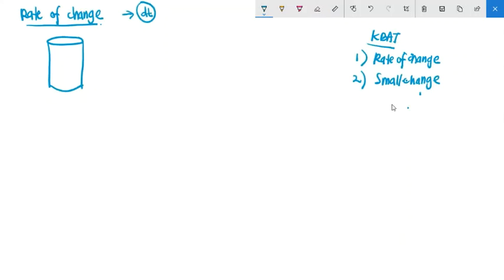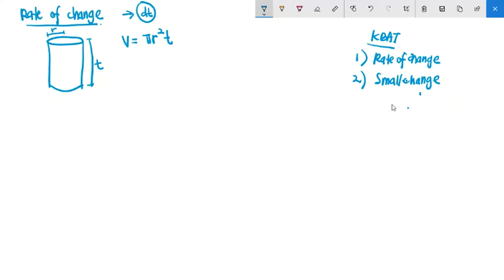So, contoh dia bagi bentuk silinder. Okay. Mesti derive equation. V of cylinder, let's say lah dia minta isi padu. V of cylinder is pi r square t. Okay, this is t. This is r. Okay.